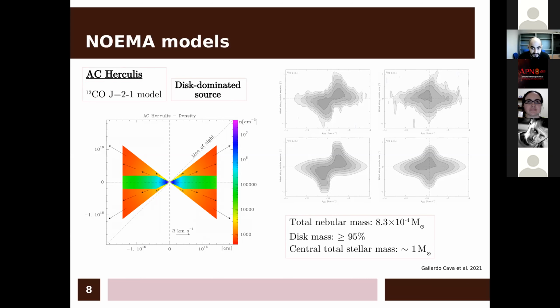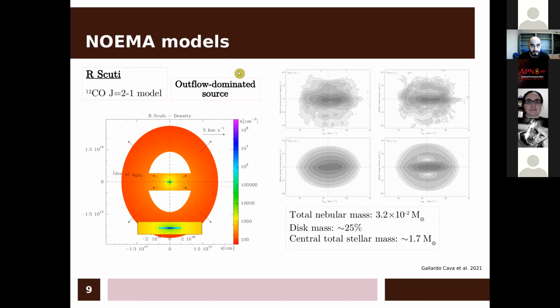On the contrary, we have our synthetic PV diagrams of R Scuti, and our model reveals that R Scuti presents a nebula absolutely different compared to AC Herculis, with a very large extension with cavities, and a disk in the innermost region of the nebula.